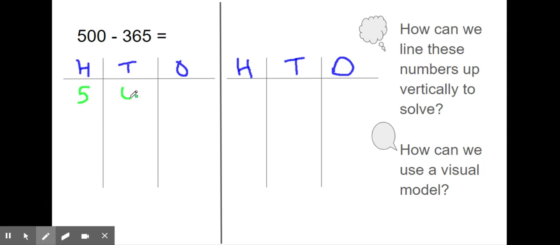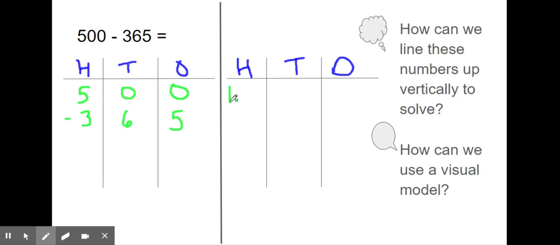So 500 minus 365. Okay. And now I need to create a visual model.